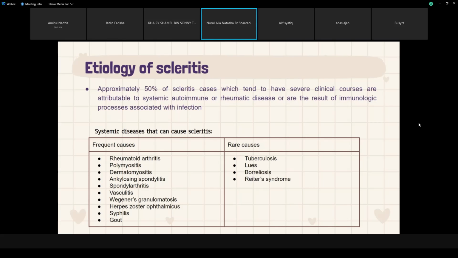The common causes of scleritis include rheumatoid arthritis, polymyositis, dermatomyositis, ankylosing spondylitis, spondylarthritis, vasculitis, granulomatosis, herpes zoster ophthalmicus, syphilis, and also gout. And the rare causes include tuberculosis, Lyme disease, borreliosis, and also Reiter syndrome.